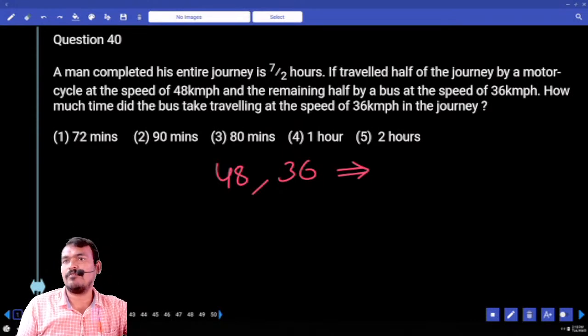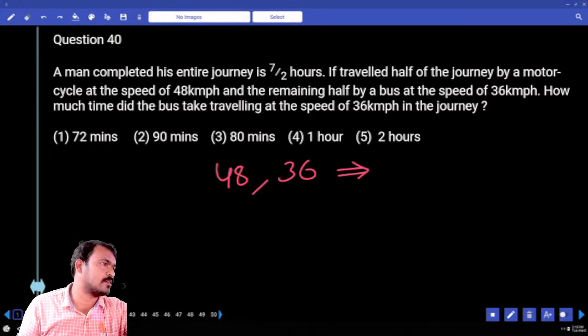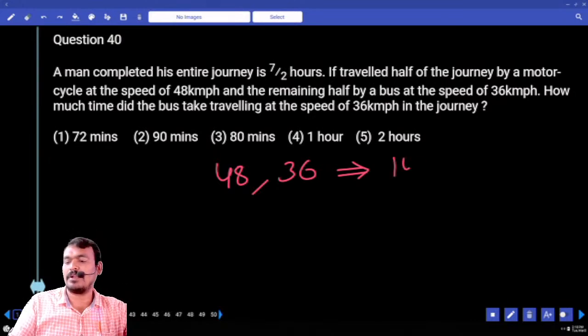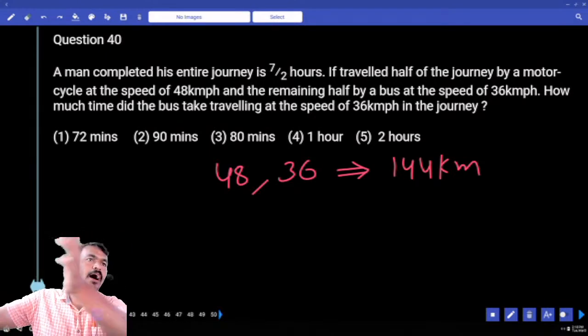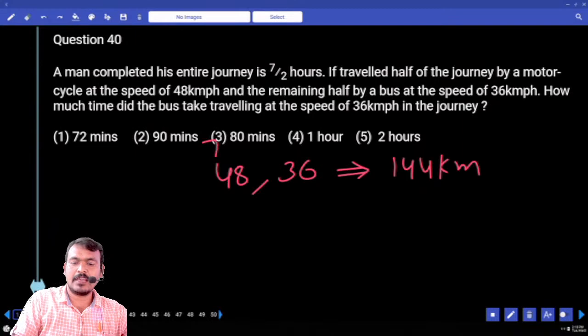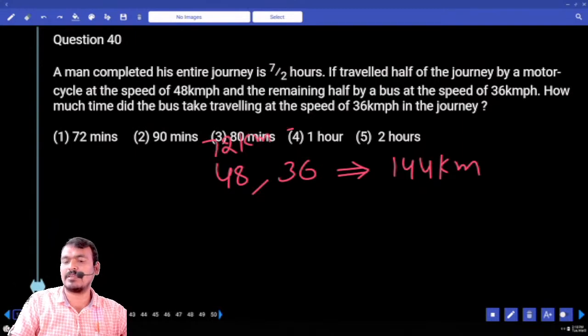144 or not? That 144 is exactly divisible by 36 or not? Then the distance value is written as how many kilometers? 144. What is the half of the 144? 72. Because the total distance is 144, half means how much? 72. First case distance is 72, then the remaining distance also how much? 72 or not?